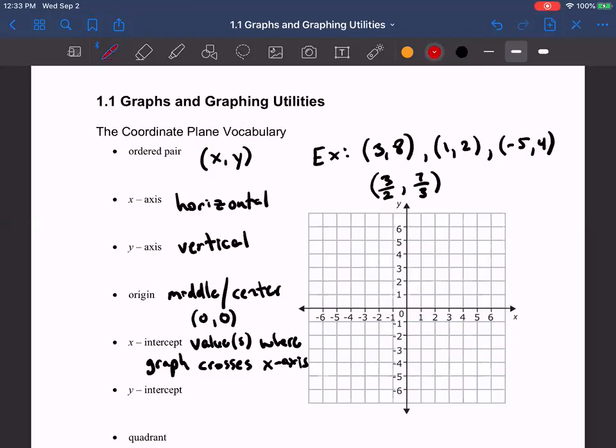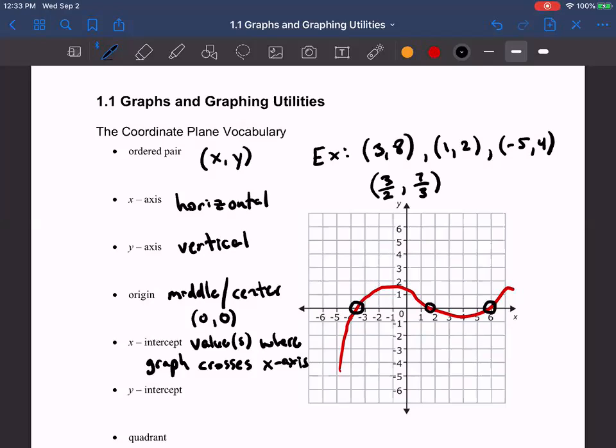So if we had some graph that looked like this, then we would say that this value, like -3.5, is an x-intercept, and this value right here at +1.5 and this one at +6, those are all x-intercepts where it's crossing that axis.